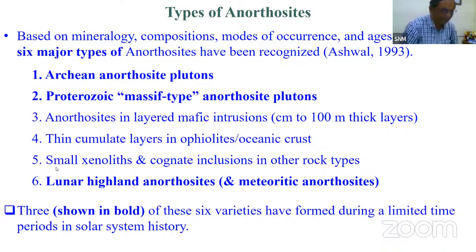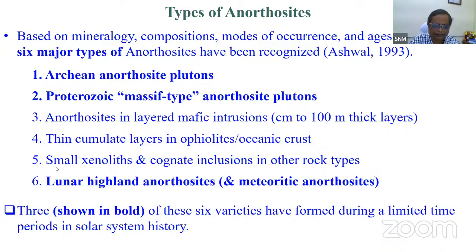The sixth is lunar highland anorthosites. So of these 6 types, the last one is basically a planetary anorthosite, mainly occurring in the meteorites as well as the moon. The rest 5 are terrestrial anorthosites.